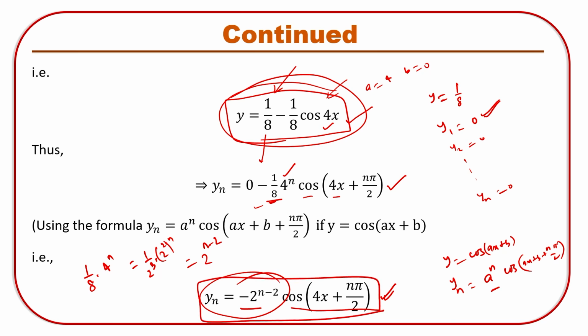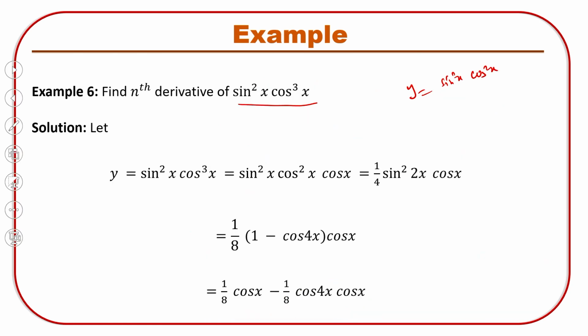Now, the question has been changed slightly. It asks to find not only sin square x cos square x, but here the power is different and it is given sin square x into cos cube x, right. So, the power of cos is higher than the sin, and now we will do the same thing.